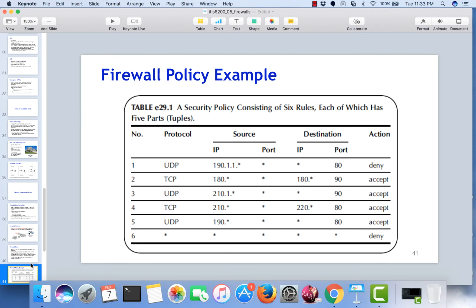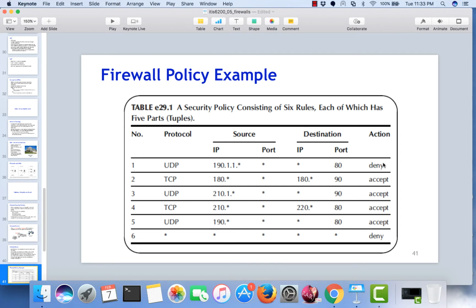Alright, so there's a little example of a firewall rule. Basically, here's your firewall rule right here. What is the firewall rule for? Is it TCP or UDP? This one's UDP. If it comes from the source address 190.1.1.star over any port, and the destination is any IP address over port 80, you're going to deny all those actions.